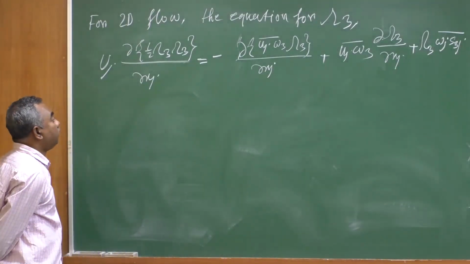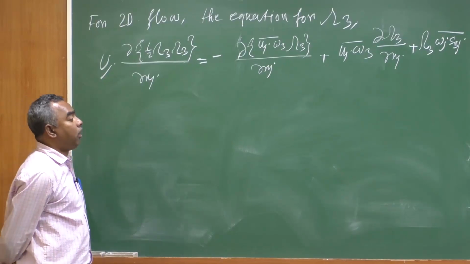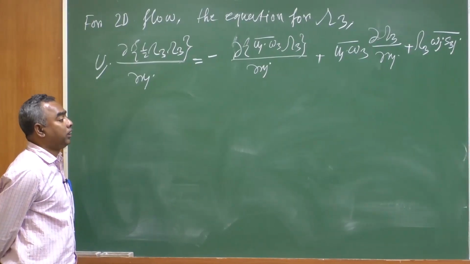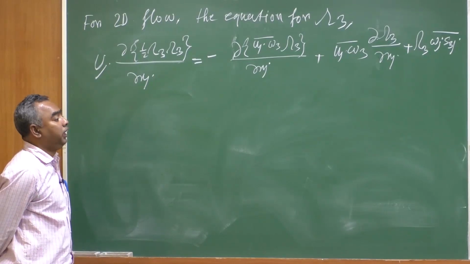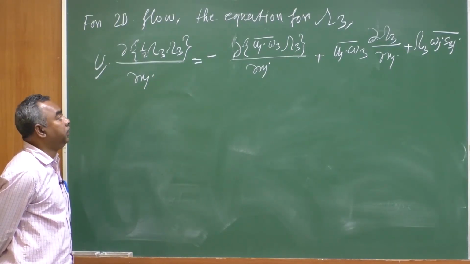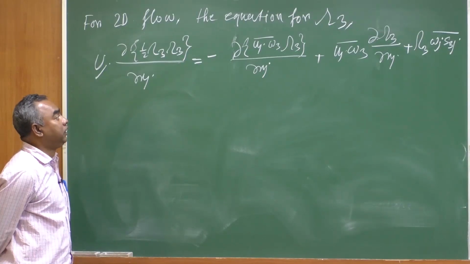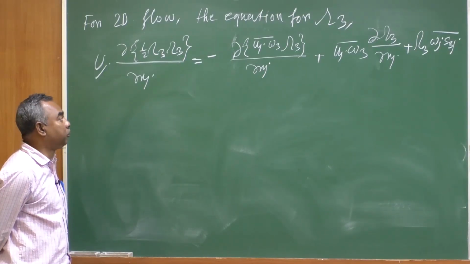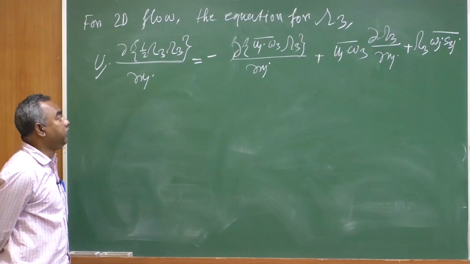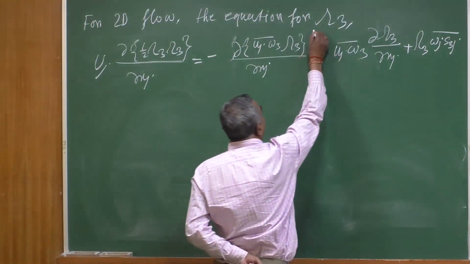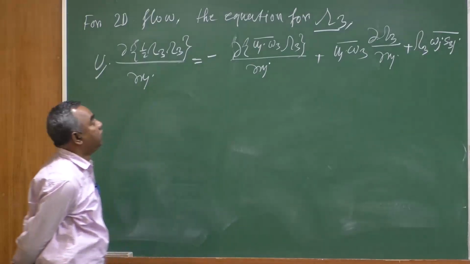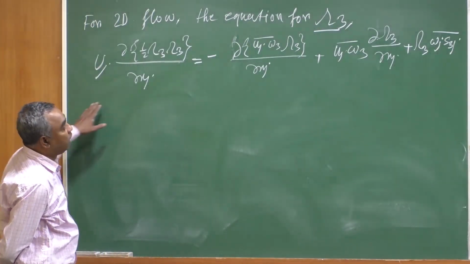because the other terms, first, from the order of magnitude analysis, the viscous terms are going to be 0. Next, if we consider the 2D flow, for which the gradient del x_3 is going to be 0, only the mean vorticity is going to be there. So, for that the equation is this.